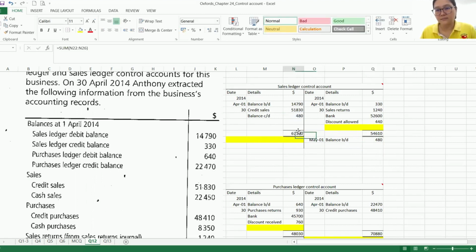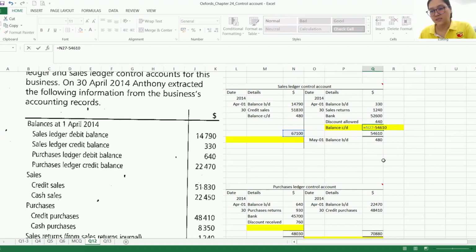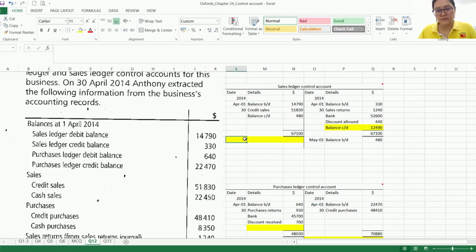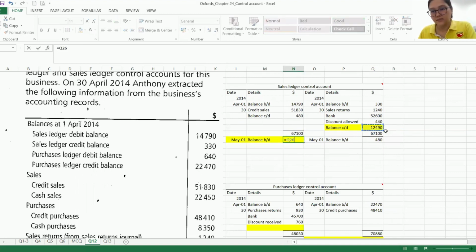So from here, the amount that I had, this is my total, this is my credit total. So I take the difference as the balance carry down. Take this total minus the credit total, which is this one. So here, May 1st balance brought down. Okay, the amount is from here.